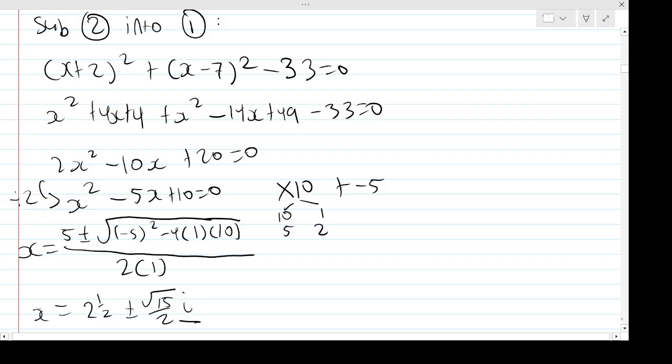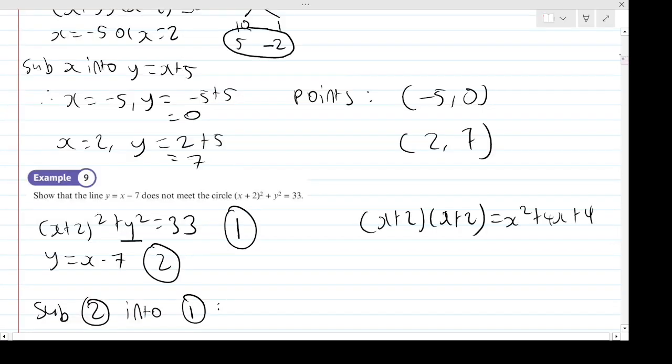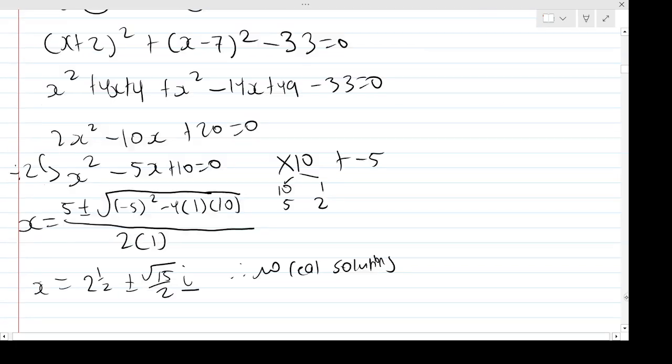When you see this weird i and the equation looks weird, that i tells you there's no real solutions. So there are no real solutions for x, therefore there's no solutions to the equation, so they cannot meet the circle. So therefore, no real solutions, therefore the line does not meet the circle.